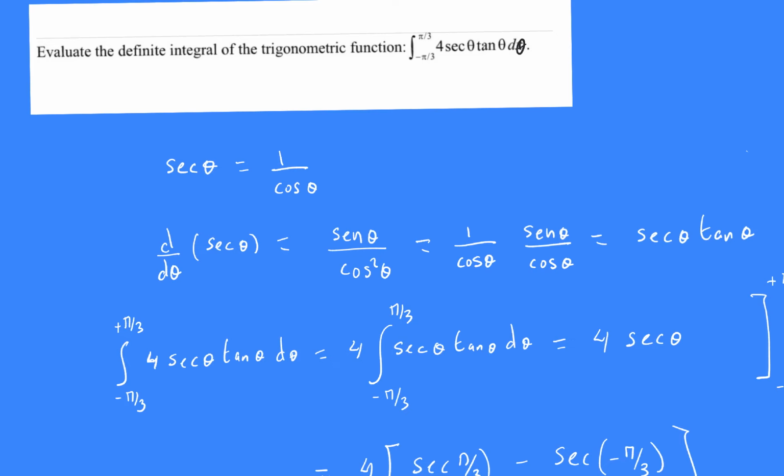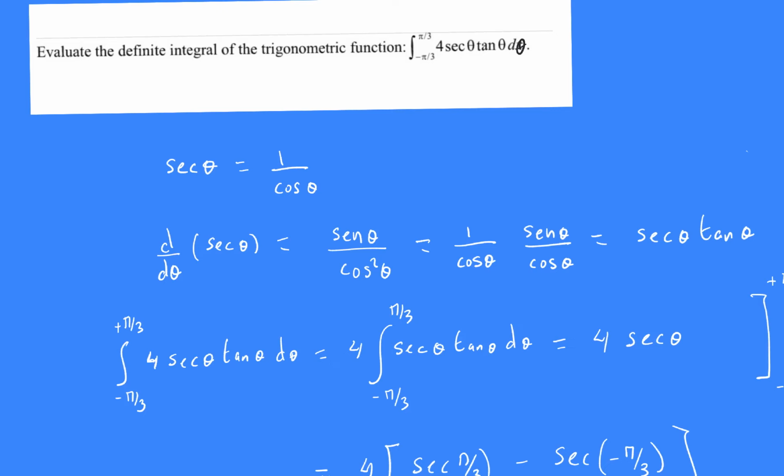And the derivative of 1 divided by cosine of theta is the derivative of the numerator, 0, times the denominator, minus the derivative of the denominator. The derivative of the denominator is minus sine of theta, with the minus sign will be plus sine of theta, divided by cosine square of theta, the denominator square.